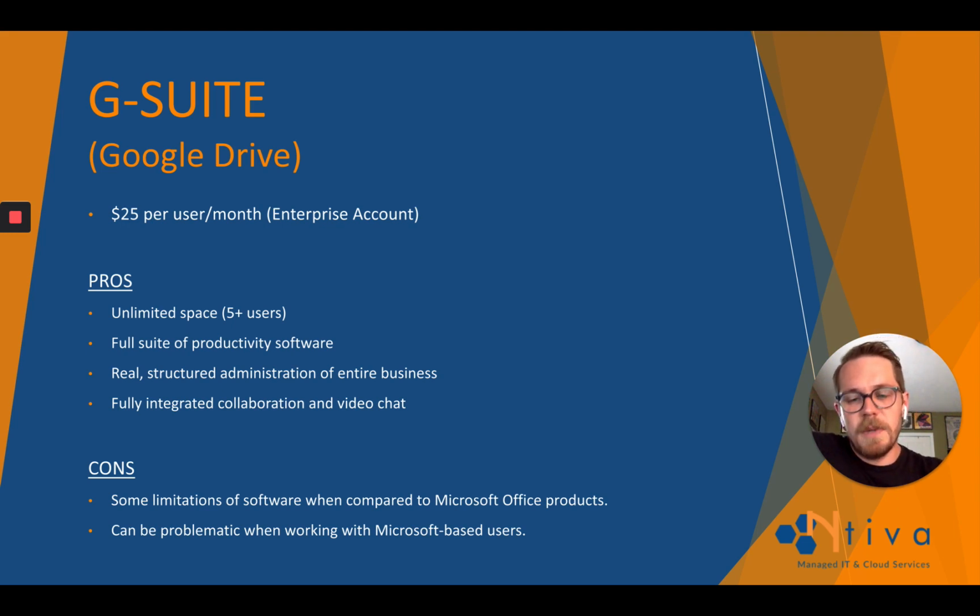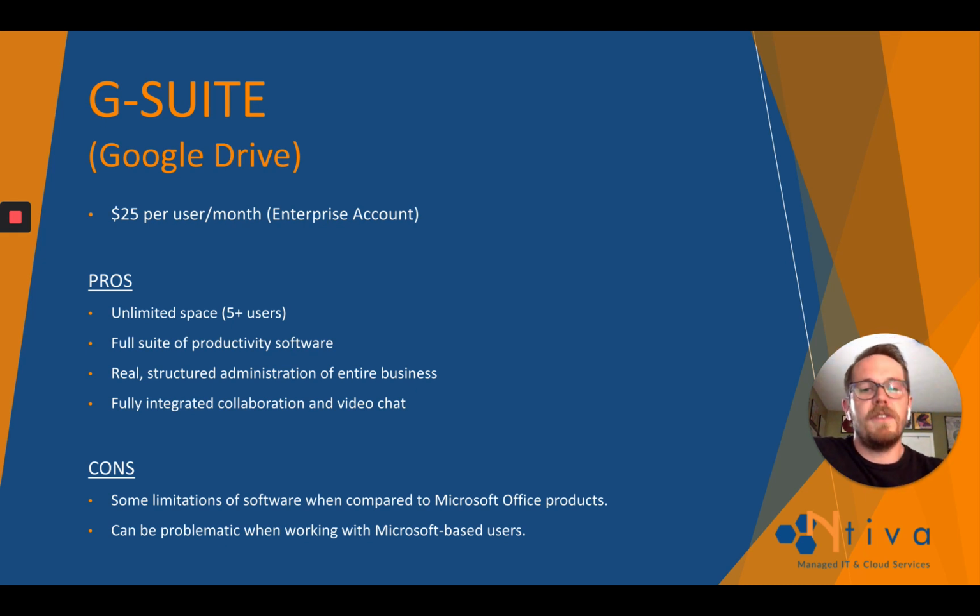So you've got the full suite of productivity software. You can edit anything inside there without leaving your browser. Real structured administration of your entire business, and it gets into the nitty-gritty details. Just like I said, by file, you can edit who has access, and you can see the revisions and how long they accessed it.